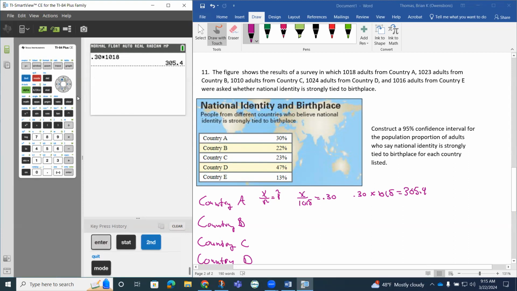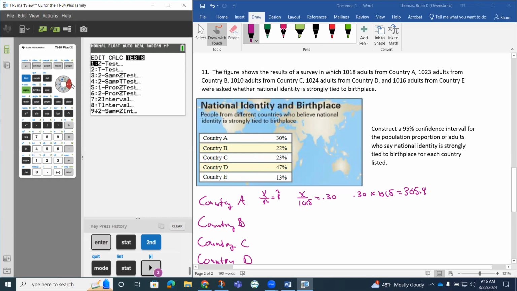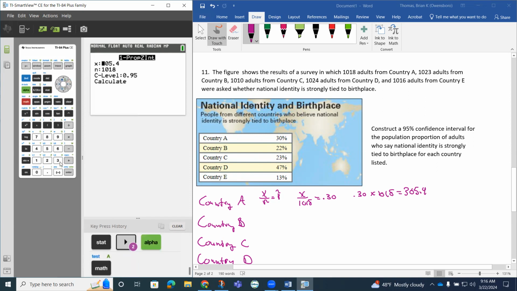I think rounding wise, it doesn't really matter. I think you could round up or round down in this because your homework actually gives you a little bit of flexibility there. So my instinct would be to round down. So hit stat, test, go down there and again, this is 305, and come back through there again.